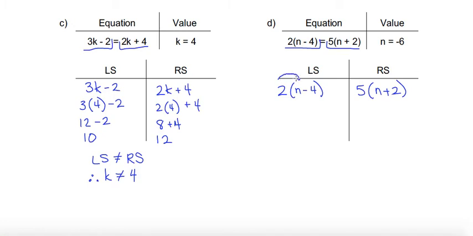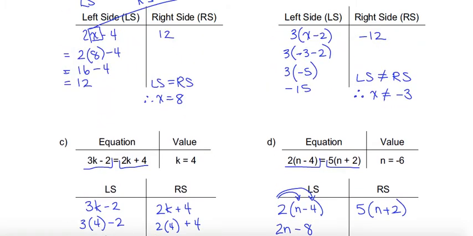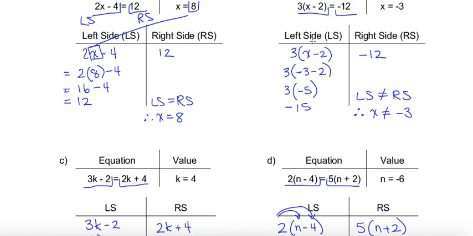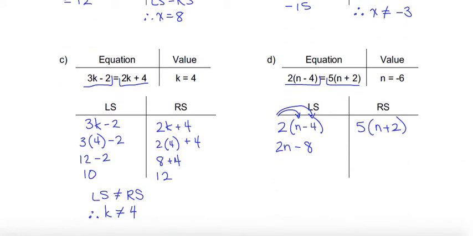So 2 times n is 2n, and 2 times -4 is -8. And now I'm going to substitute in my value for -6. As I said, you can simply substitute it in like we did in example B.